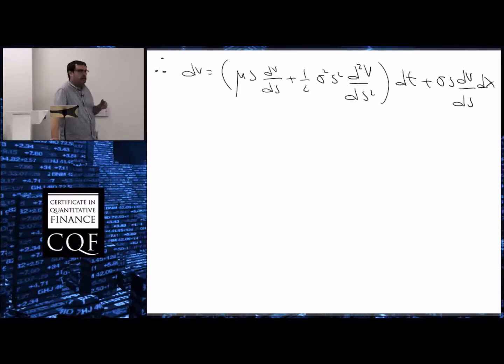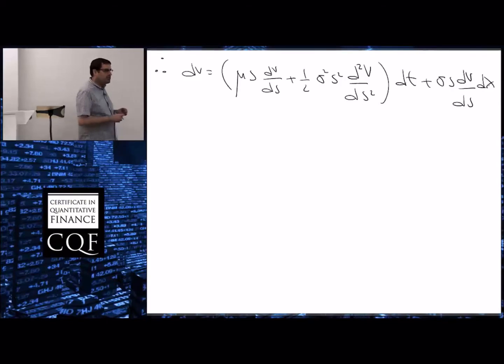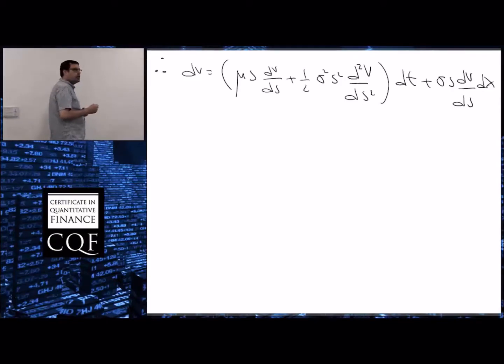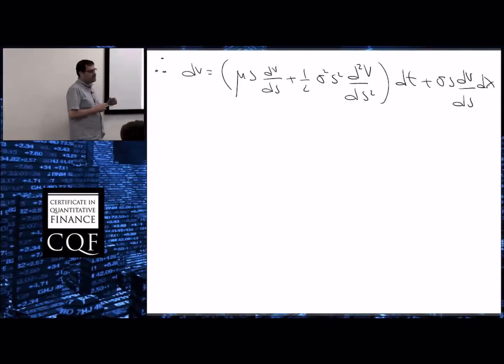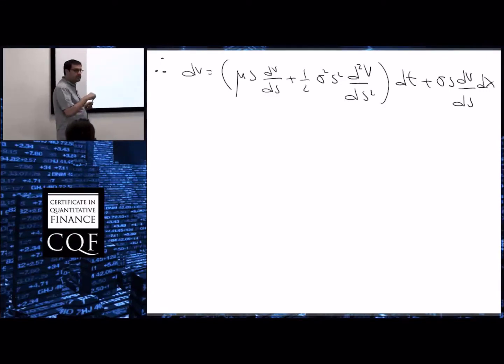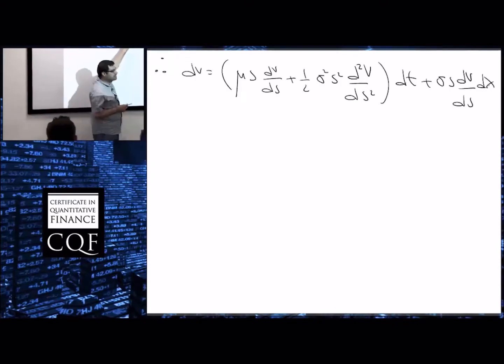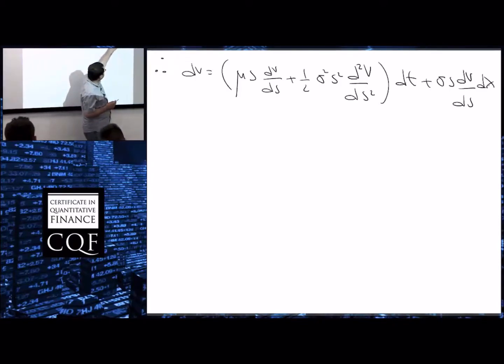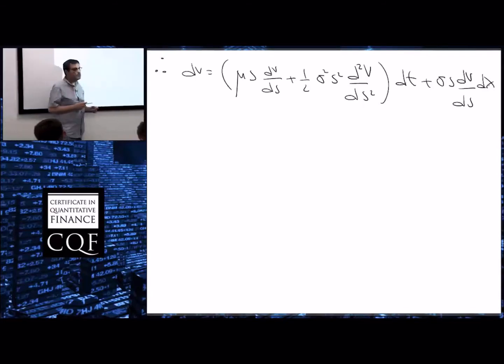In other words, you've got a function of a stochastic variable, like a stock price, which follows its own stochastic differential equation. And you want to find out what the change is in a function of S. We use that then. Can you see this is also a stochastic differential equation? The bracket before the dt is the drift, and the sigma S dV by dS is the diffusion.